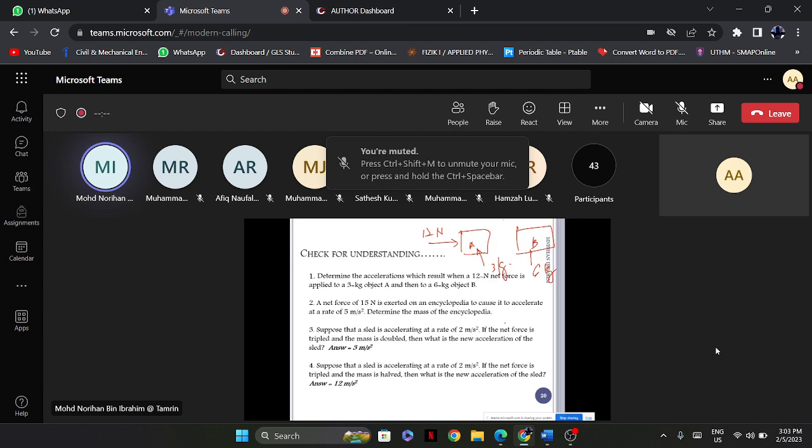To solve this one, it is easy, just use the basic equation F is equal to ma. It is given to determine the acceleration when 12 Newton is applied. F is 12, m is 3 kilogram.